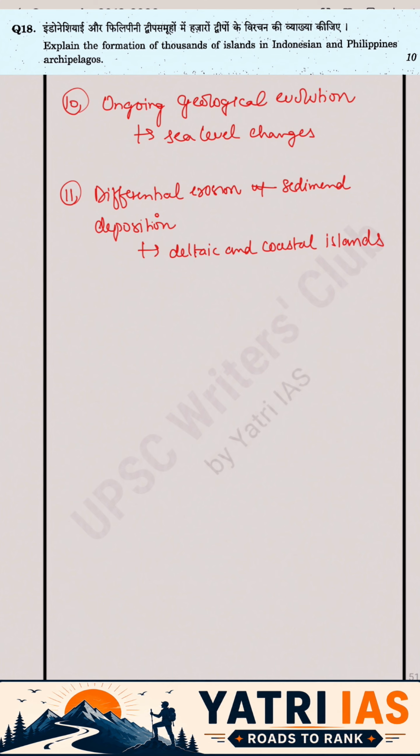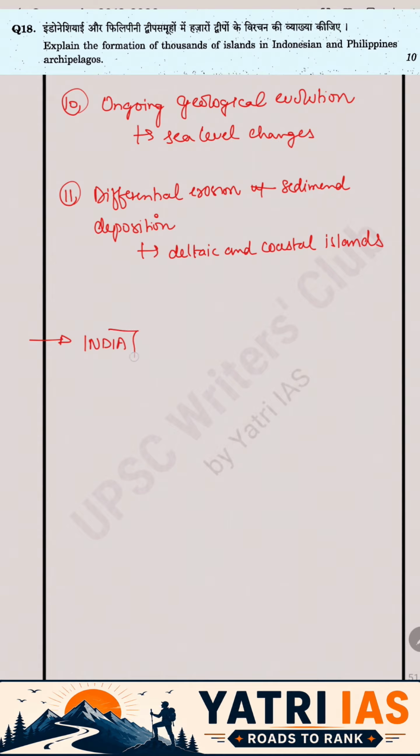And as a value addition, it's not asked in the question, but you could mention the connection with India. Like India has a SAGAR policy, security and growth for all in the region. This strengthens cooperation with ASEAN countries, including both Philippines and Indonesia.